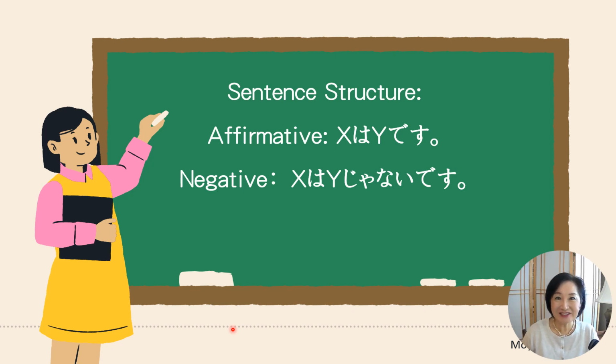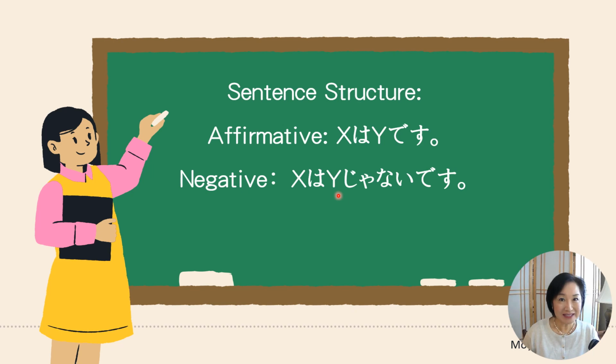Let's review the sentence structures. For affirmative sentence, you say X は Y です。私は元気です。Now for negative sentence, you say X は Y じゃないです。私は元気じゃないです。And then here, in this Y slot, you can use nouns and adjectives. Now, the word 元気 is an adjective, and it happens to be not adjectives.